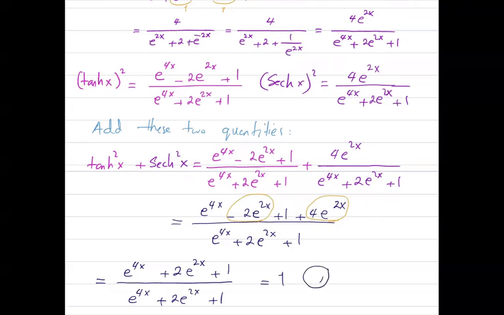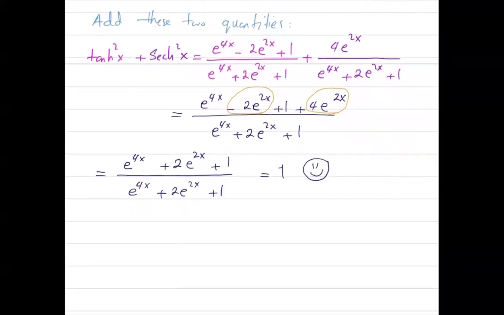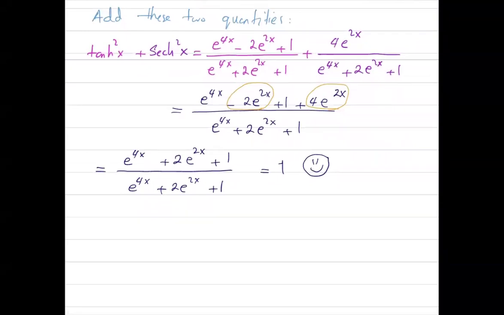Wow, isn't that interesting? We found a relation between hyperbolic tangent squared and hyperbolic secant squared. We just showed that hyperbolic tangent to the second plus hyperbolic secant to the second is always 1.